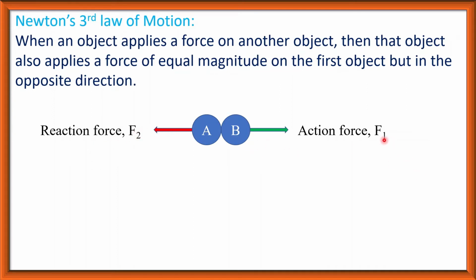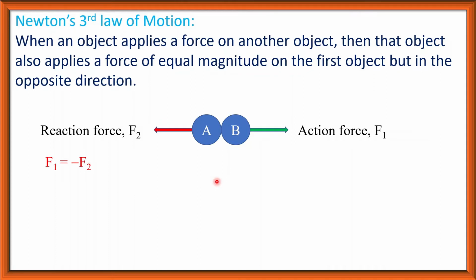F1 is the force applied by A object on B object, therefore B object will also apply F2 force on A object, and we know the direction of F1 and F2 is opposite to each other, and the magnitude of these two forces is the same.